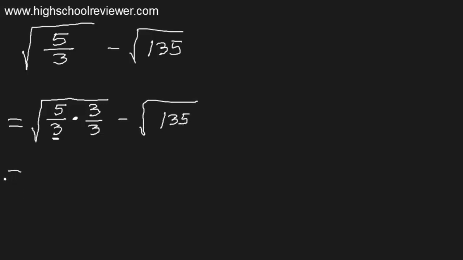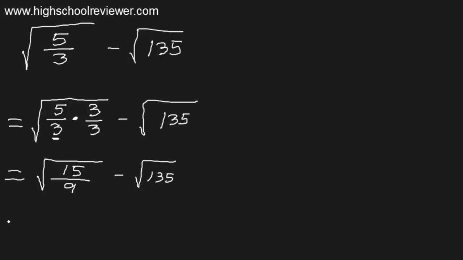So we will have here the square root of 5 times 3, that is 15, and 3 multiplied by 3, that is positive 9. Minus square root of 135. We are not going to touch this first.